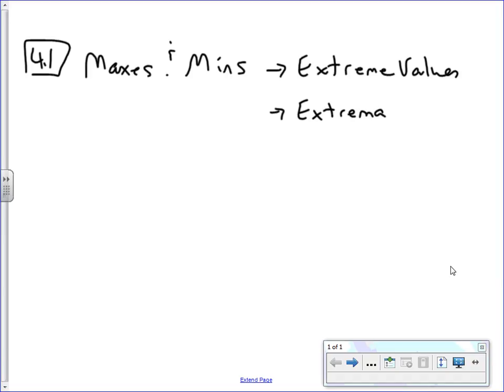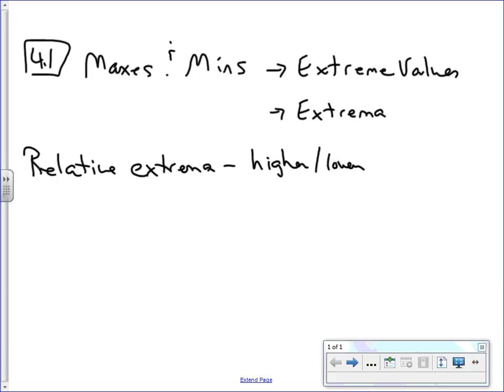Extrema, okay? So we have two different kinds of extreme values. We have relative extrema, which are higher or lower than any nearby point. That's not a formal definition.